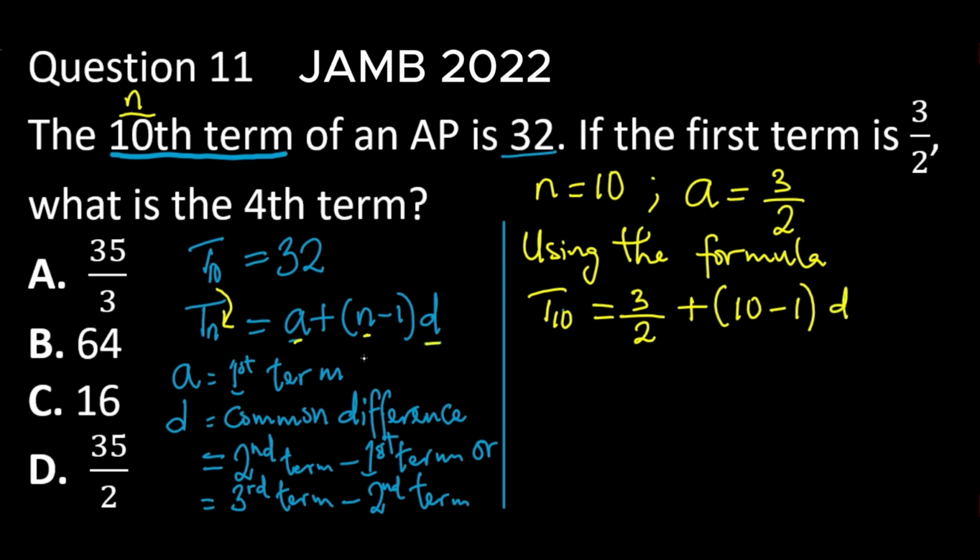Now, the 10th term has already been given. It's equals to 32. So we say that 32 is equals to 3 over 2 plus 9D.